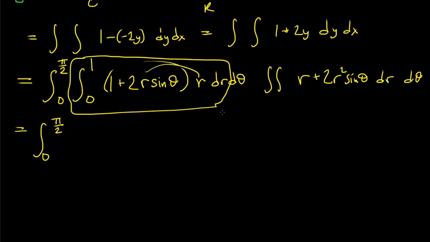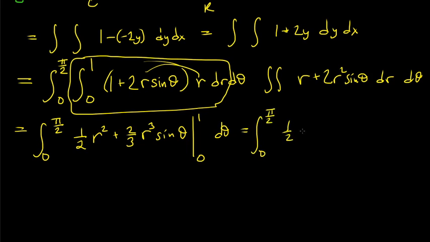So when you integrate r, you get 1/2 r squared, and then plus 2 times 1/3, so 2 over 3 r cubed sine theta. Right, so that's the integral.